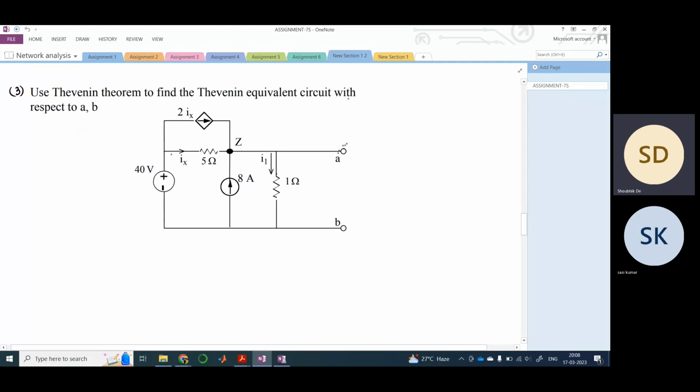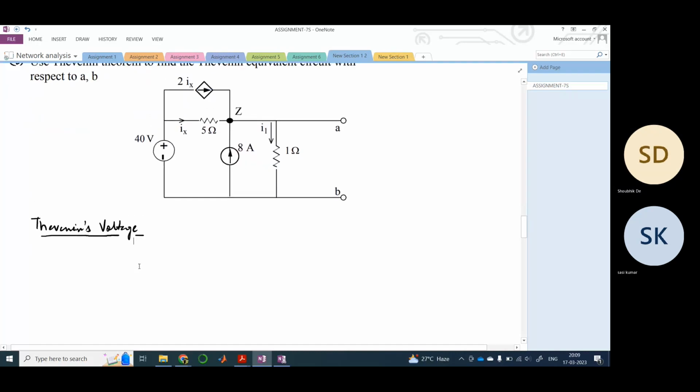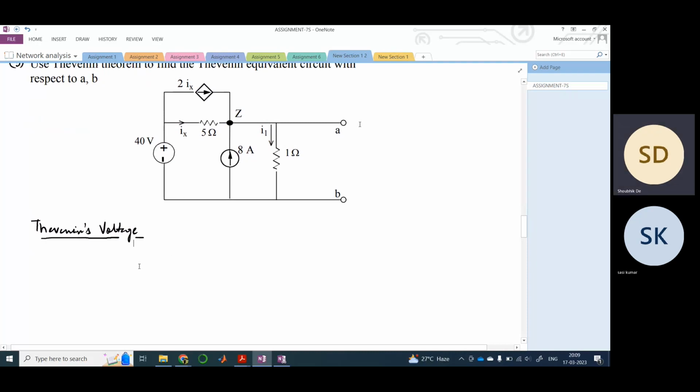So first, let us go on solving the Thevenin voltage first. For finding out the Thevenin voltage, AB is already open. So basically, this voltage should be our VTH, right?